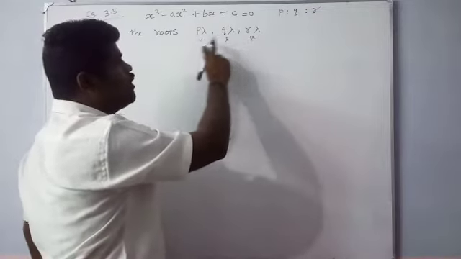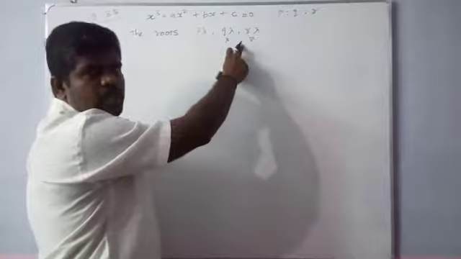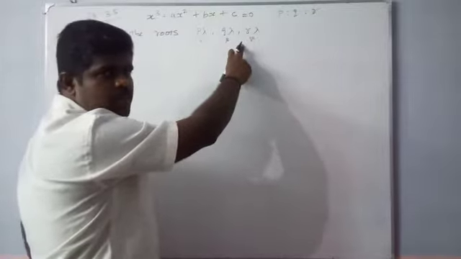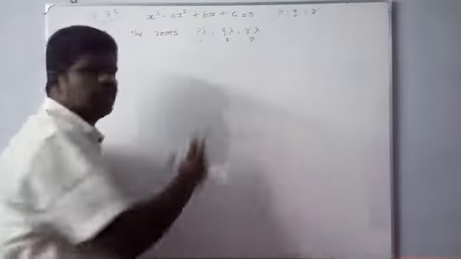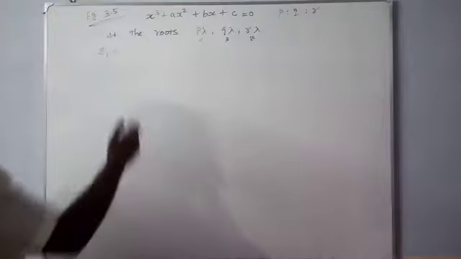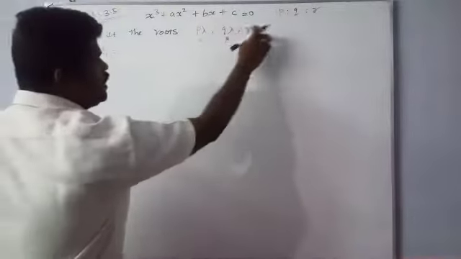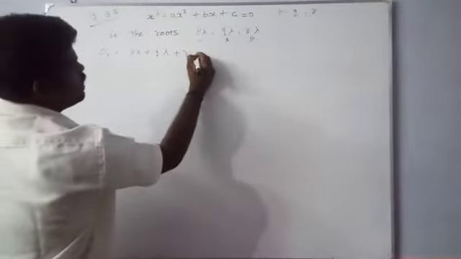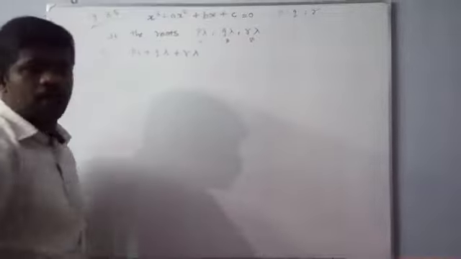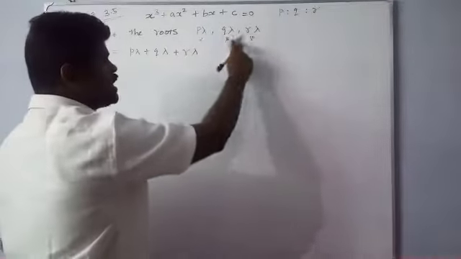This is only for our understanding purpose. Consider alpha, beta, gamma. Summation 1, sum of the three roots: p lambda plus q lambda plus r lambda. Don't write alpha, beta, gamma. This is only for your understanding.